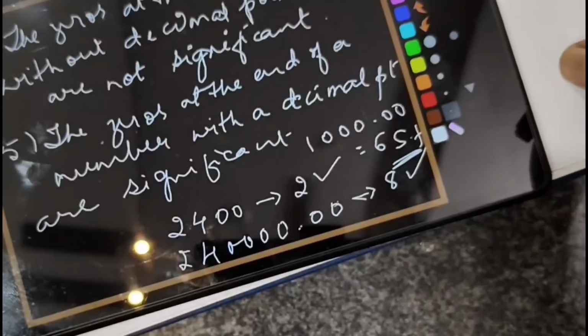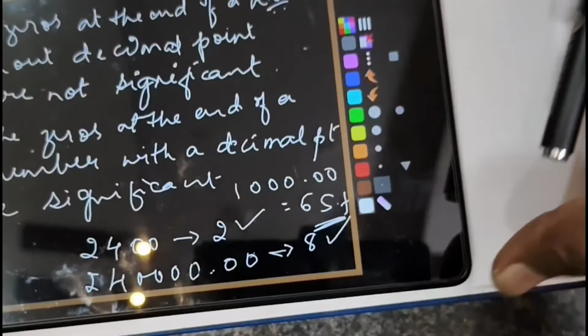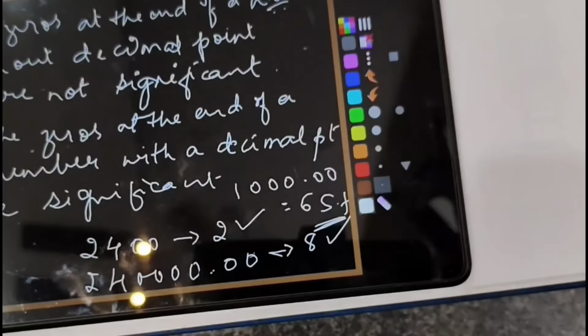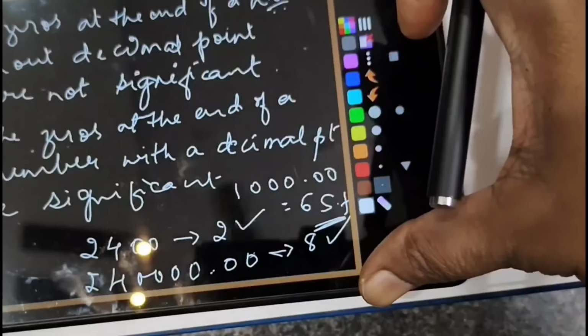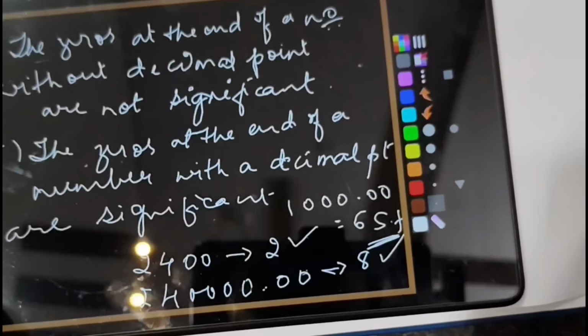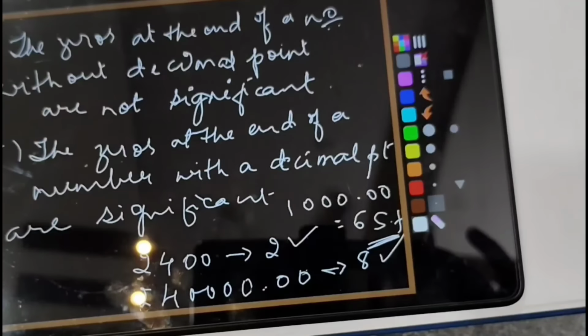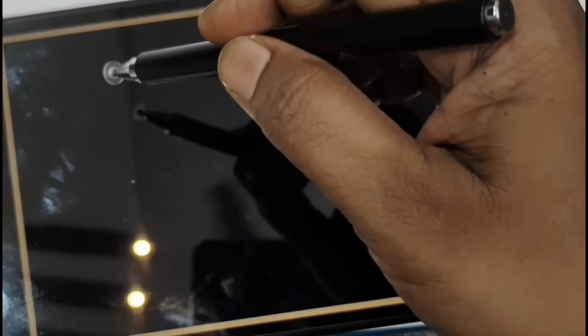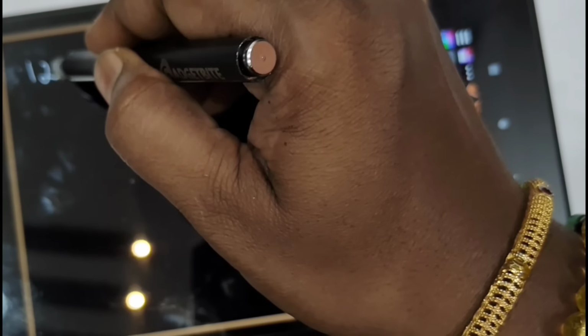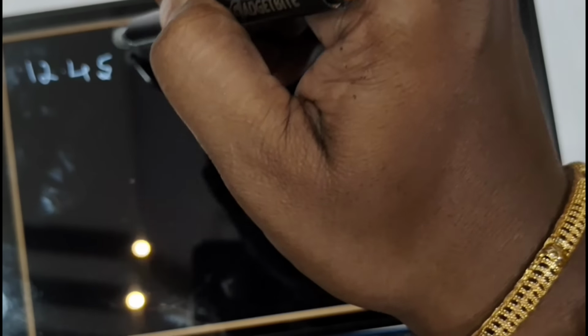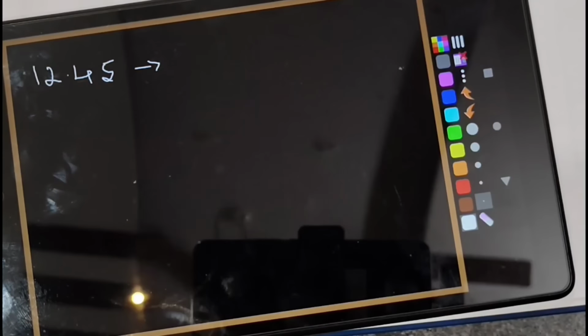So let us proceed to the next, that is we will see the important topic of this chapter, that is the units and the measurement. So before going to the dimensions, let us see the rounding of the significant figures, rounding off and writing the significant figure. Suppose if it is 12.45 and if it is asked to round off to three significant figures.